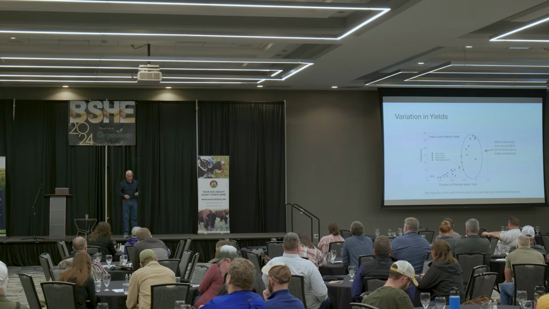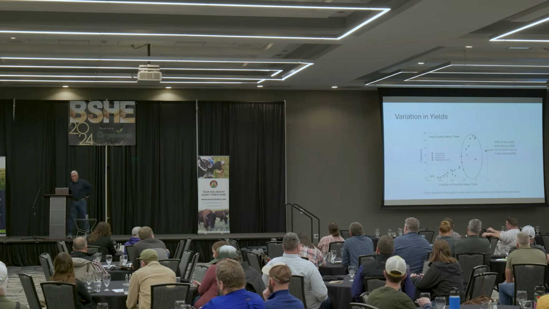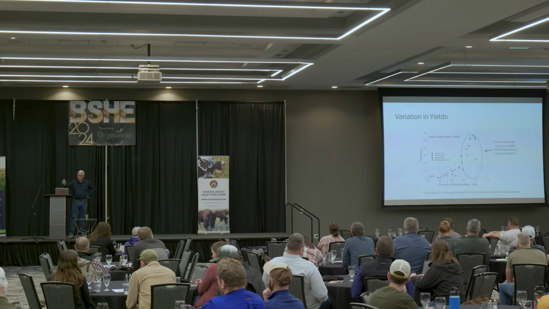We could extend it to the whole state. You look at all of this, and 20% yield loss is about 80% of the time, and it surprised us because those lower parts are always due to those really drouthy years. But that 20% yield loss was much more due to short-term events.